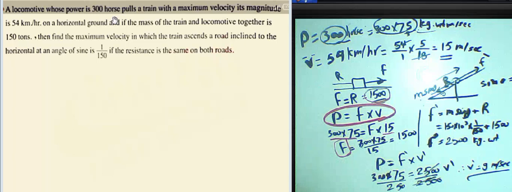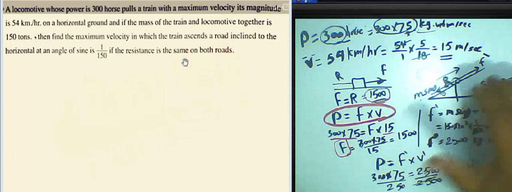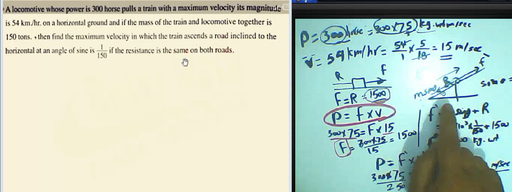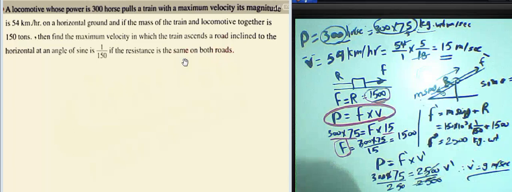And then we will write R equals. He tells us, look here, if the resistance is the same on both roads, it means R on the horizontal equals R on the road making angle theta with the horizontal.